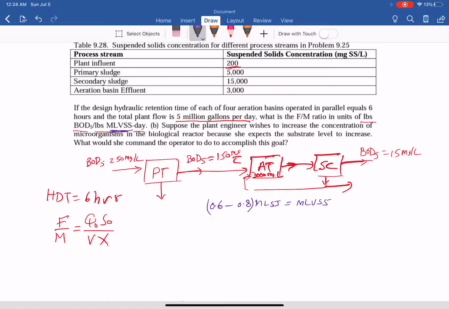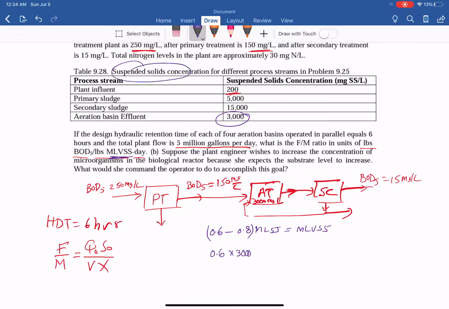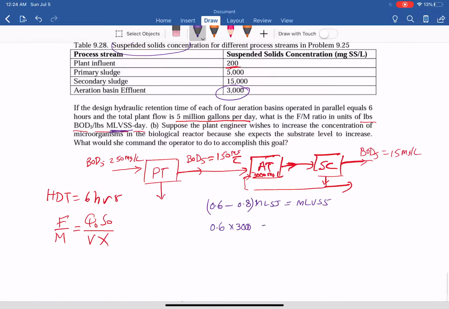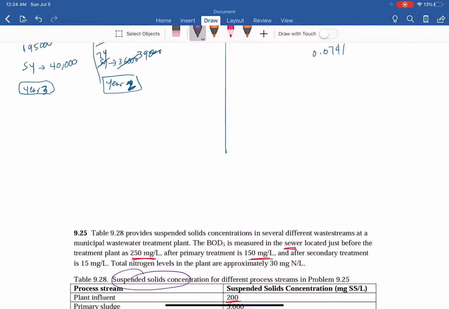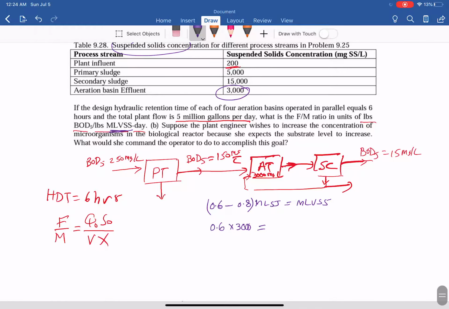So using the 0.6, and the MLSS inside the aeration tank was 3,000, because it's mentioned here, 3,000, the suspended solids concentration of the aeration tank, this would give you 1800 milligram VSS, volatile suspended solids, per liter.